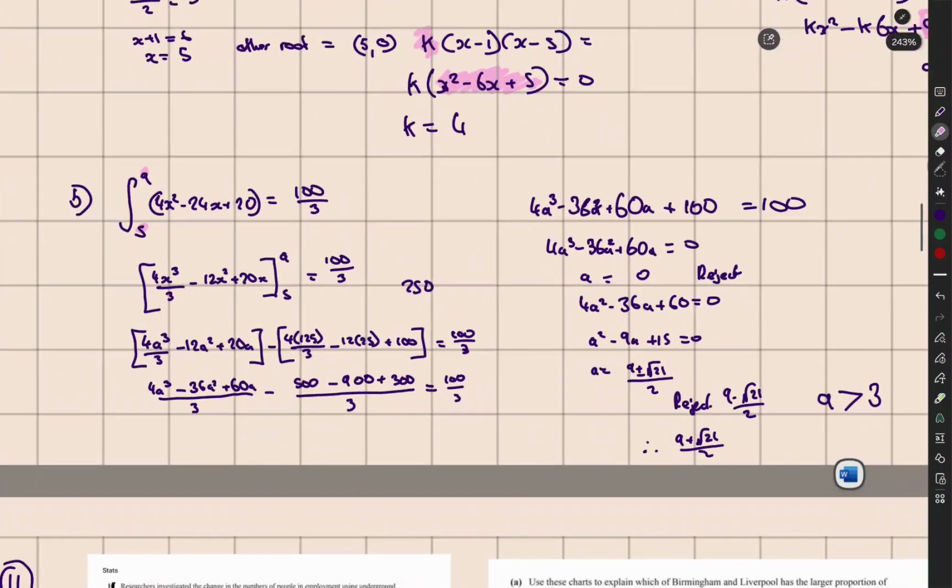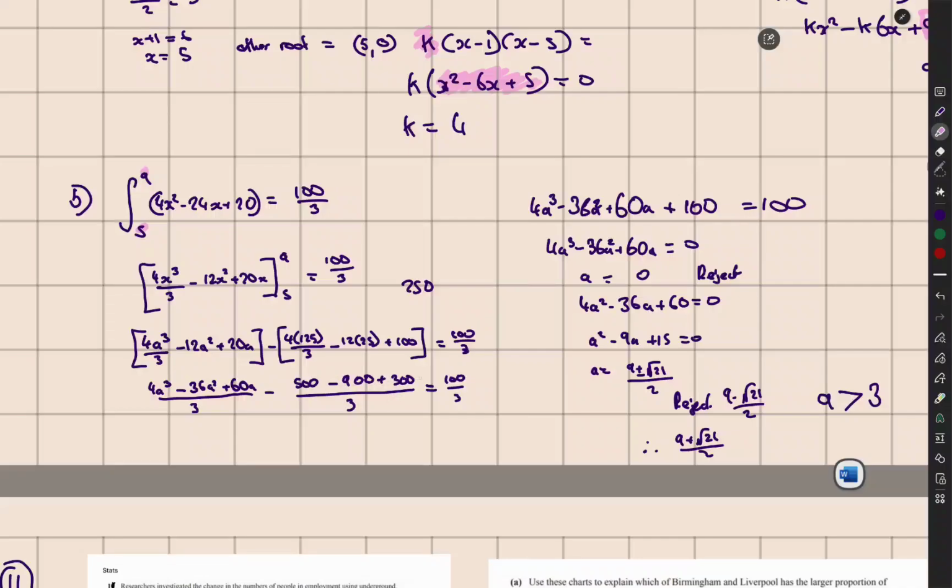So I have all of these, and I can then put in my limits to my integrated expressions and subtract them to get the area. So when I substitute a and I substitute 5, I get these. Here is still my expression with the a substitutions, but this will simplify quite nicely, quite quickly.